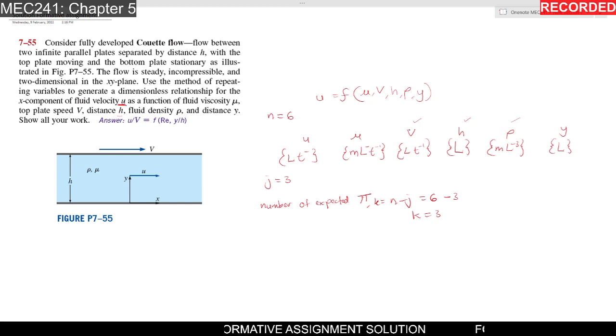Why do we choose the velocity? Because we have to choose either u or V, since they have the same dimensions here. And why do we choose h instead of y?